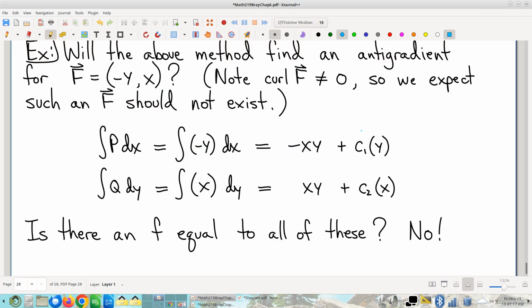Don't forget to add in your partial constants. Again, I don't need these to be equal. I need only for these to be equal. In other words, I have to allow for the flexibility that these functions can be whatever they need to be, as long as their partials are 0.